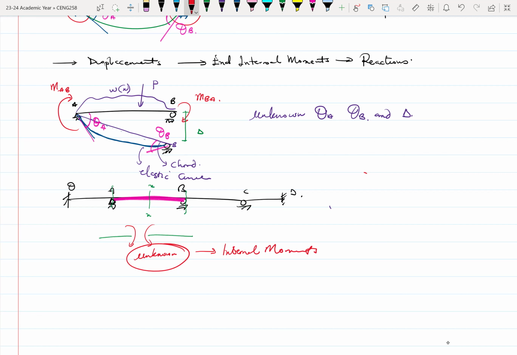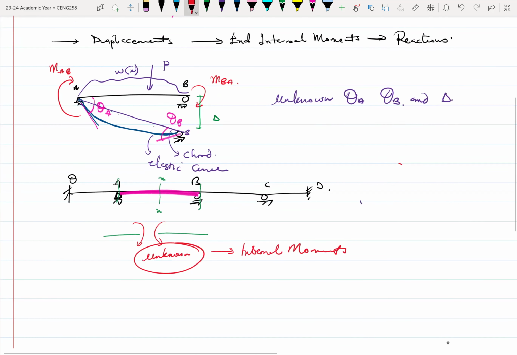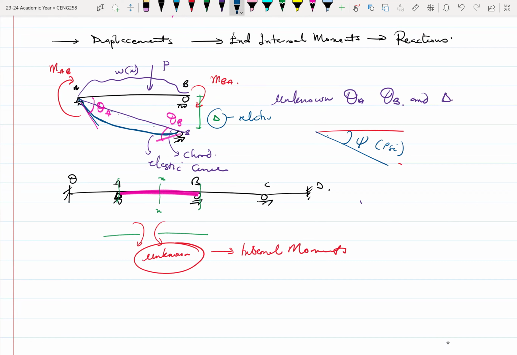Once we have that, the angle the chord makes with the initial position of the beam, this angle here, is called psi, P-S-I. What else do we need? The delta here is supposed to be our relative displacement.